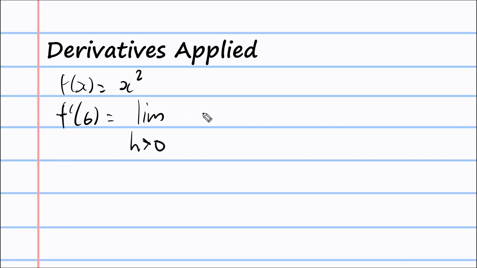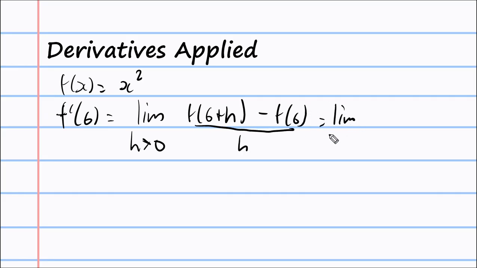The limit as h approaches 0 of f of 6 plus h minus f of 6 divided by h, okay? That's equal to the limit as h approaches 0 of 6 plus h squared minus 6 squared divided by h, okay?